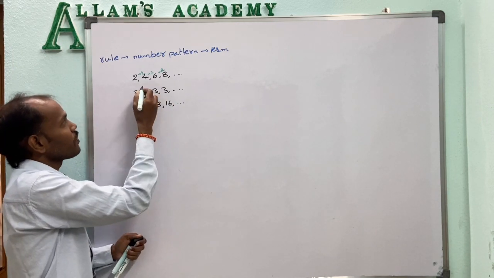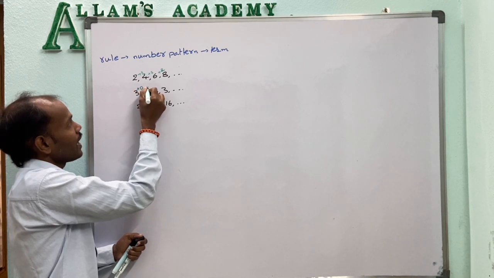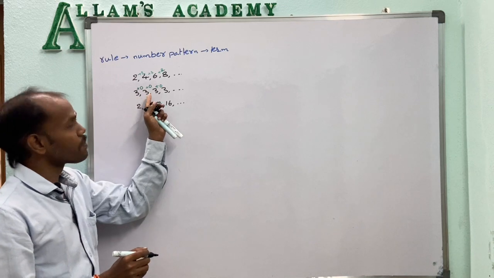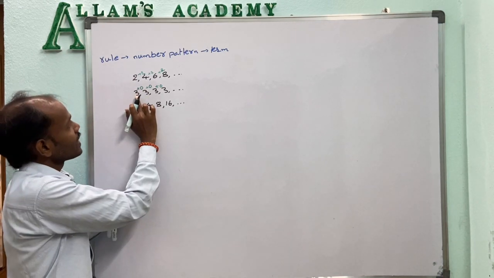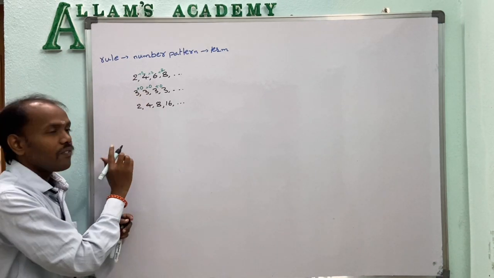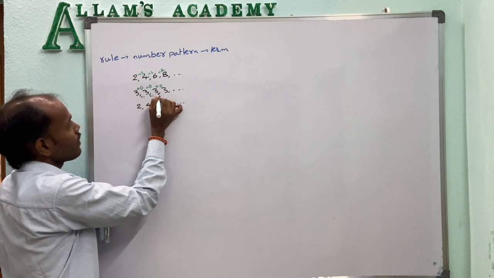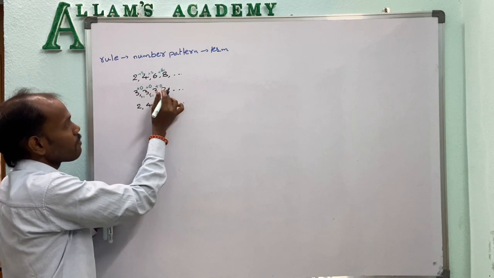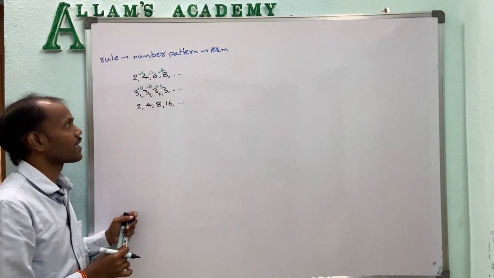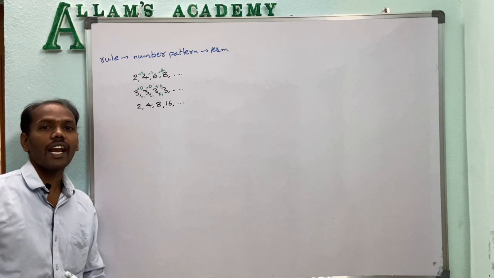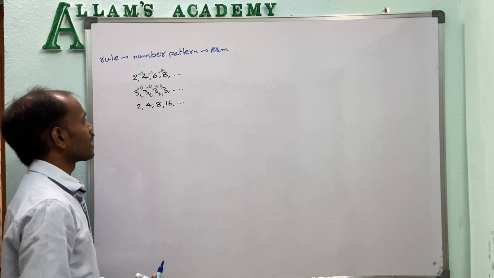So here also we can expect the next number. Here we also observe that 3 multiplied by 1 gives 3, and again 3 multiplied by 1 gives 3. In that way we can write the same pattern.